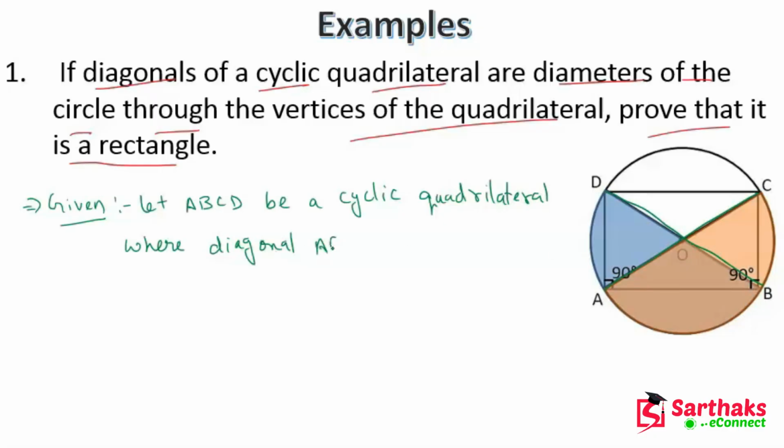Diagonal AC and diagonal DB are the diameters of the circle.